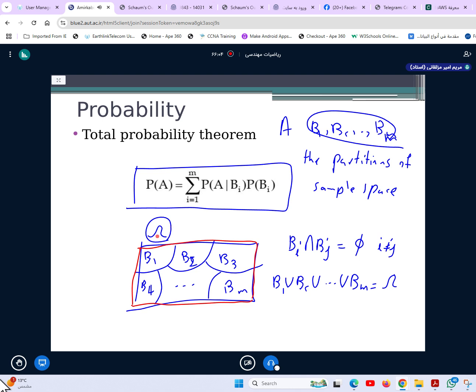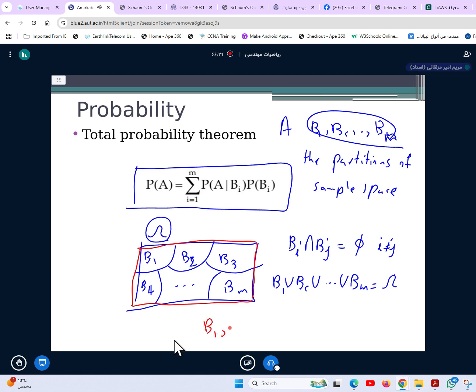If we partition this set into some parts such that the intersection of the different parts is empty, and also the union of all partitions B1, B2 to Bm is equal to our sample space omega, we say that we partitioned omega into B1, B2 to Bm.